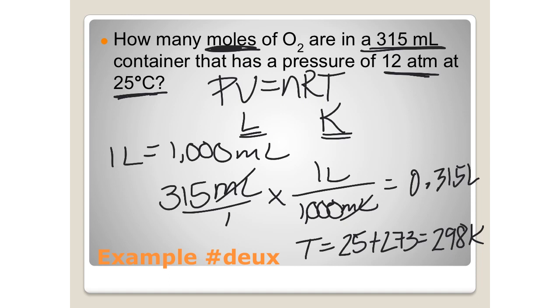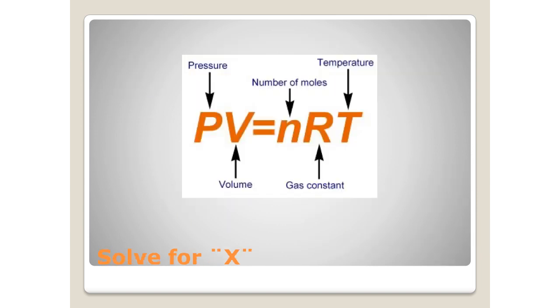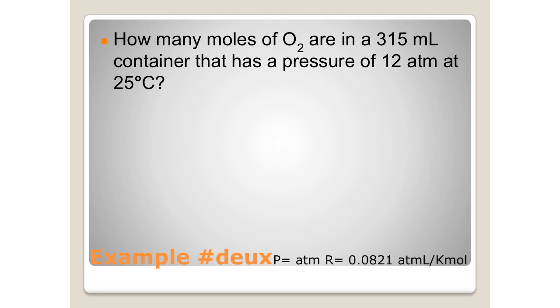So after you figure out that it's ideal gas law, what you have and what you don't have, sometimes you have to go that extra step and convert into the right units before you can actually plug in to your PERV-NERT. So let's go ahead and plug everything in. So pressure is going to be 12 atmospheres.